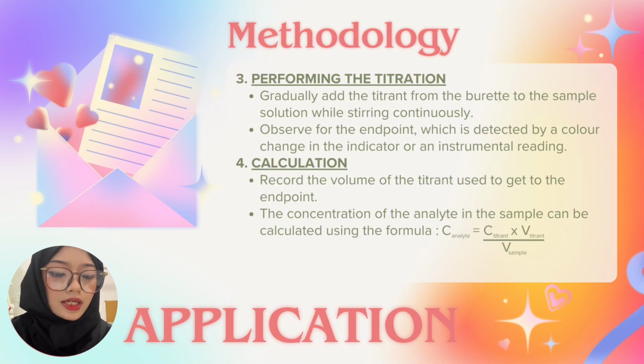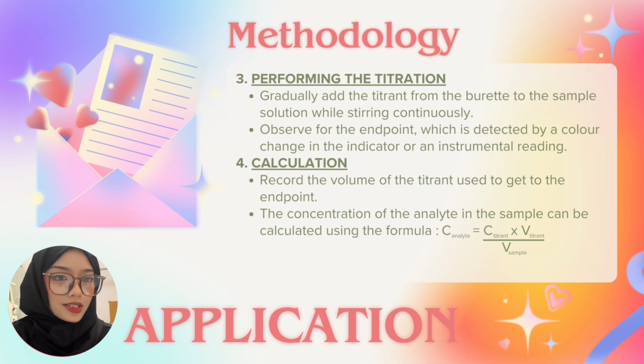Let's dive into the next section, which is performing the titration process. The titrant will be gradually added from the burette to the sample solution while stirring at the same time. The endpoint will then be observed, which is detected by the color change in the indicator or an instrumental reader.